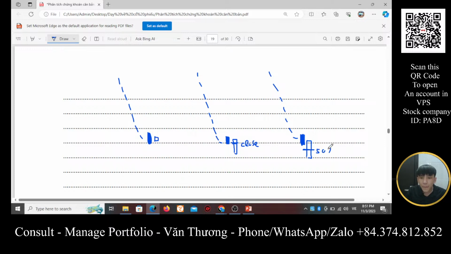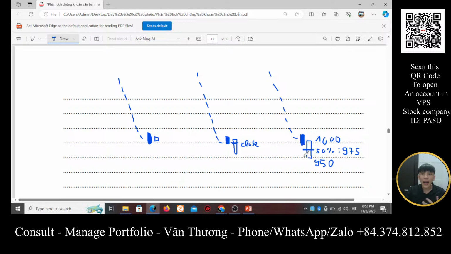For example, the highest point of this day is 1,000 points and the low is 950 points, so 50% is 975 points. When the index closes above 975 points, that close above 50% of the day is the first day of recovery.